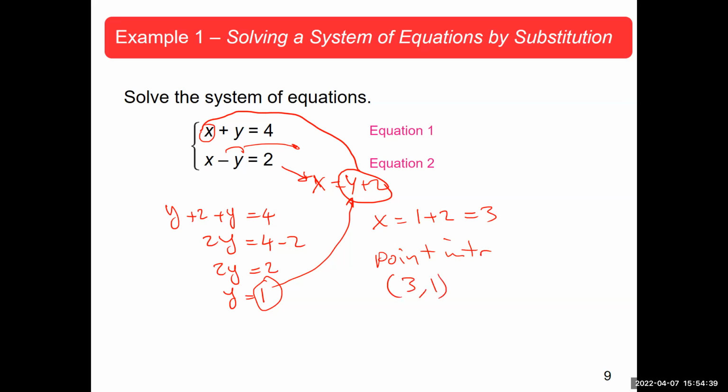You see the method of substitution is really straightforward. Isolate one variable from one equation, plug it back in the other equation.